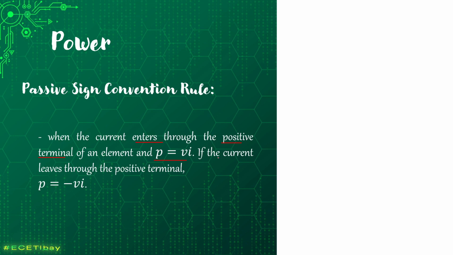If the current leaves through the positive terminal, the power should be negative, so negative VI. If it enters, positive; if it leaves through the positive terminal, negative.